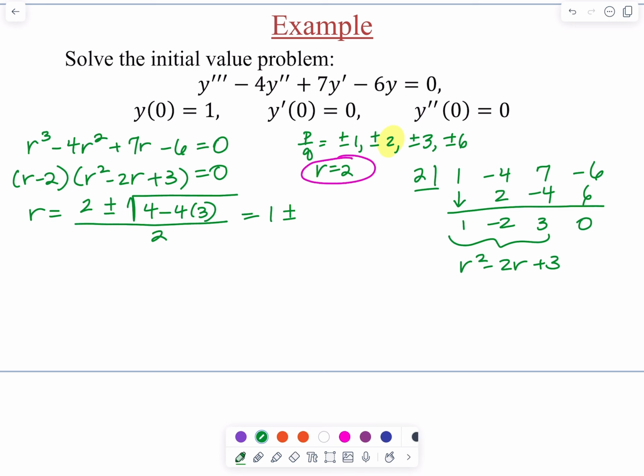So we have alpha equals 1 and beta equals root 2.